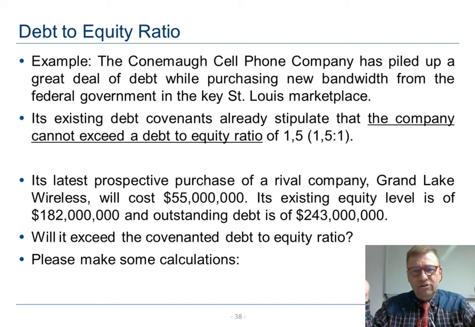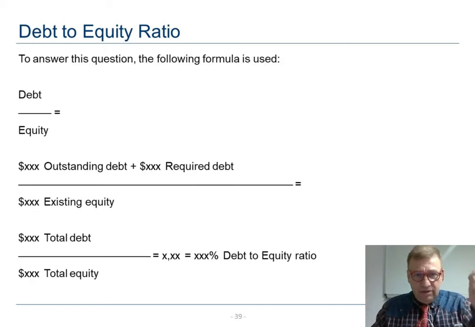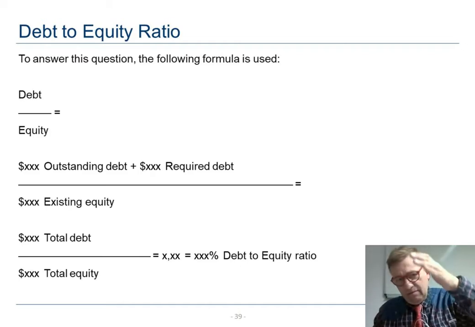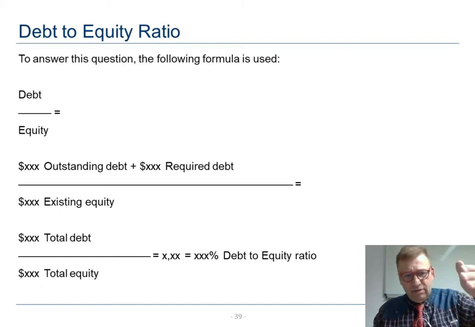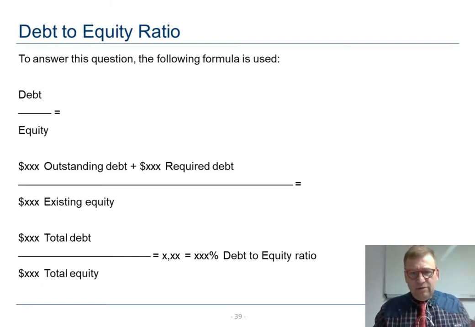Please make some calculations. And I provided you with this nice table to fill up. This would not take too much time because everything is here. Outstanding debt plus required debt divided by existing equity figure. So it makes our total debt to our total equity, and it gives our debt to equity ratio in number or in percentage, and it is how much?